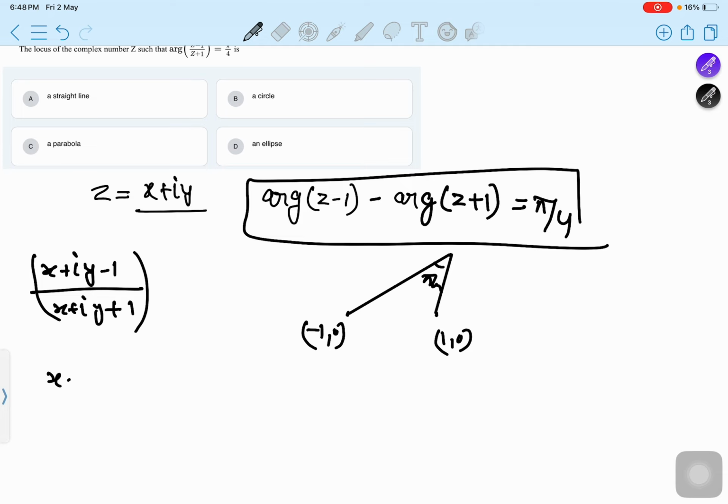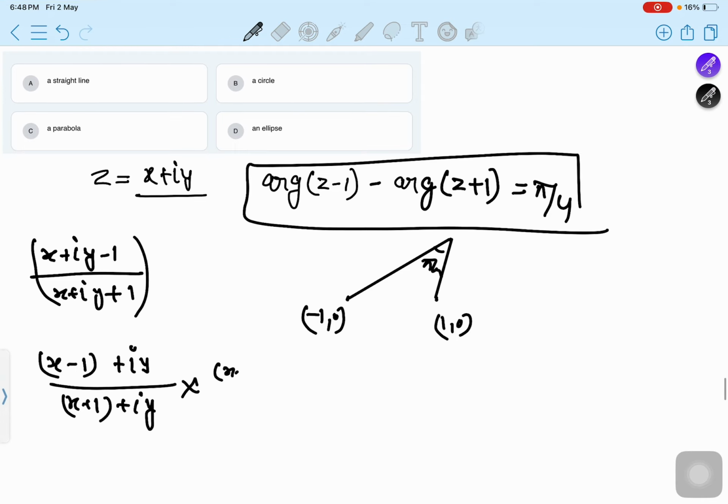So we have x minus 1 plus iota y over x plus 1 plus iota y, and we rationalize with x plus 1 minus iota y.